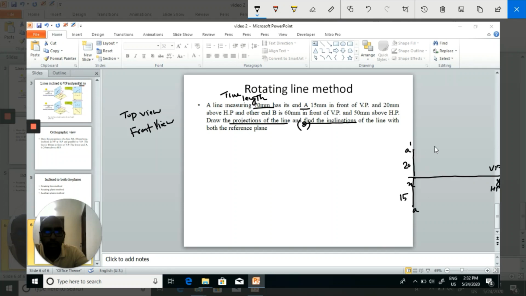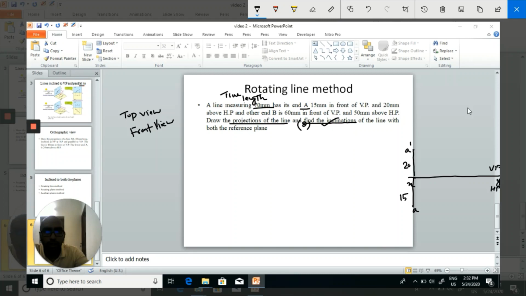Now point B, we know it is 60 mm in front of VP and 50 mm above HP. But since we don't know the inclination angle theta, point B cannot be approached like the previous problem.